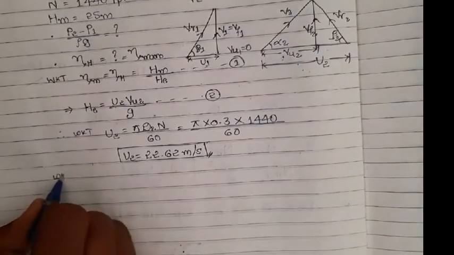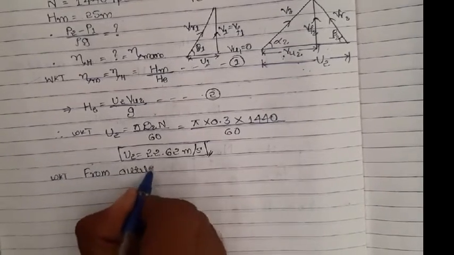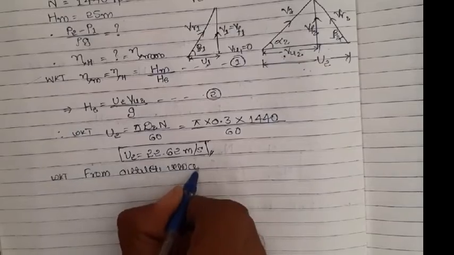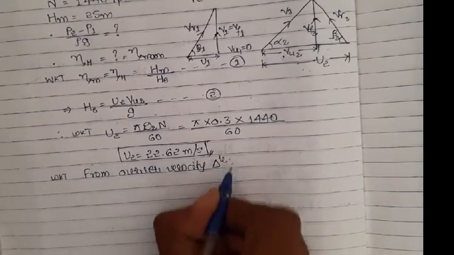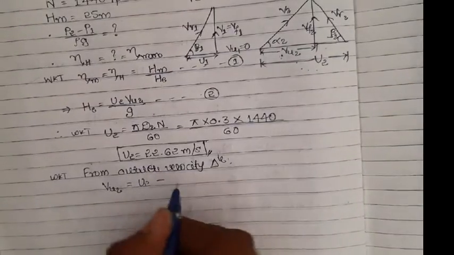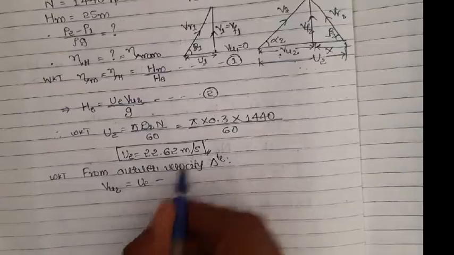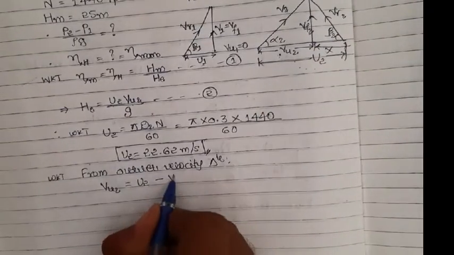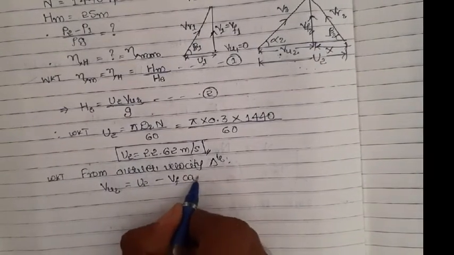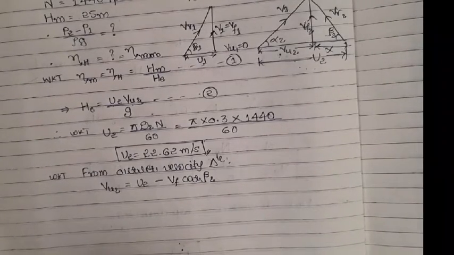We know that from the outlet velocity triangle, VU2 is U2 minus X, let me call this X, where X is VF cot beta 2, right? So beta 2 is given here. So what we need to find out? All we need to find out is VF.